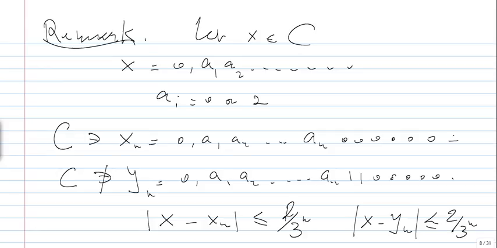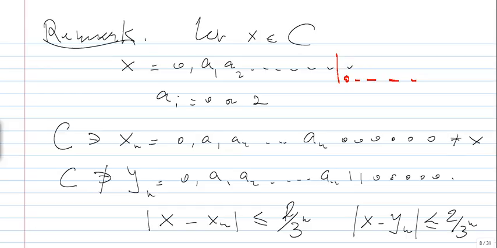I'm assuming that the ai's do not end in zeros. In other words, you do not have your x here. I'm assuming that I don't have zeros here. So if the xn keep coming without zeros, they are all different from x.